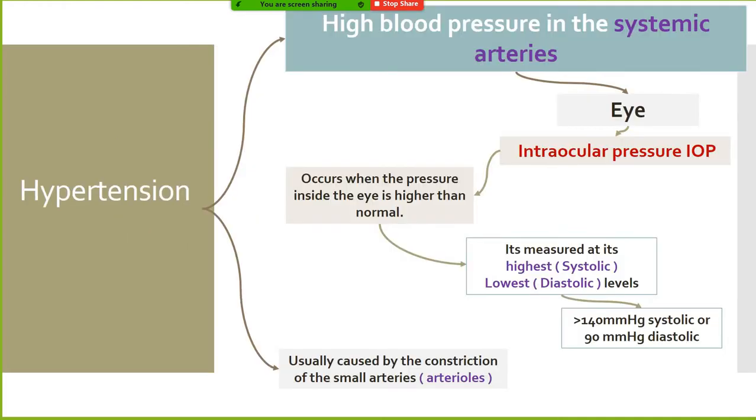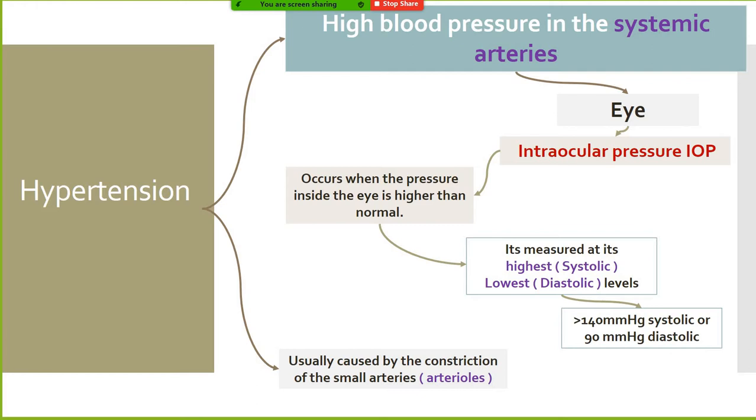Basically, there is an increase in blood pressure, either because of a systemic condition or when there is a constriction in the arteries of the retina. These are the two major causes where we get hypertensive retinopathy.